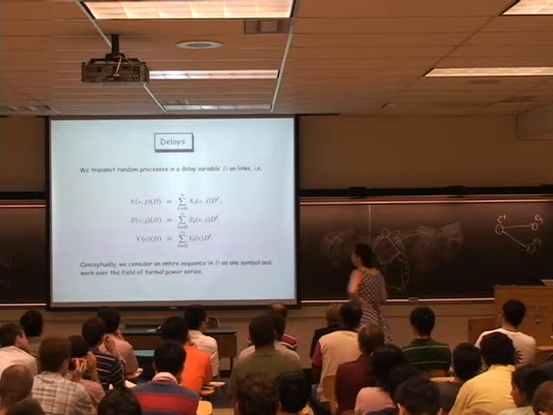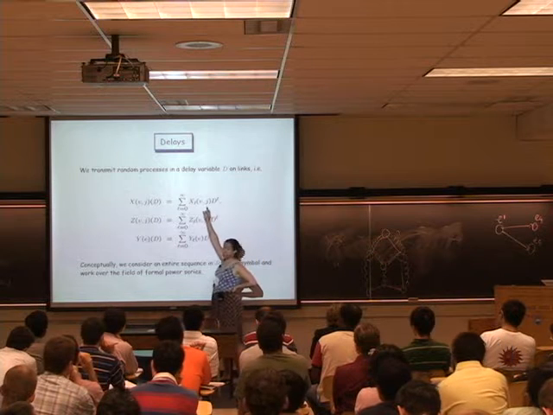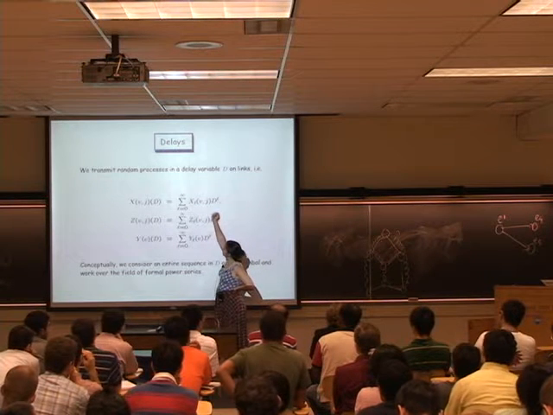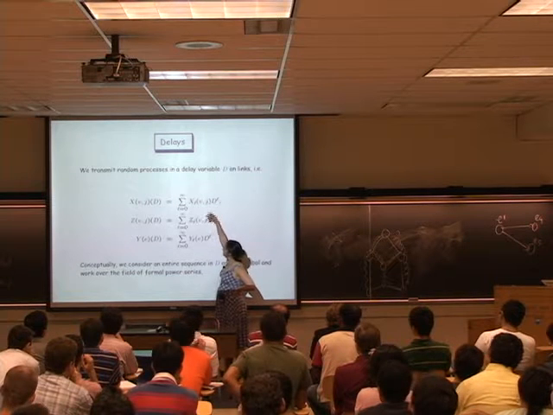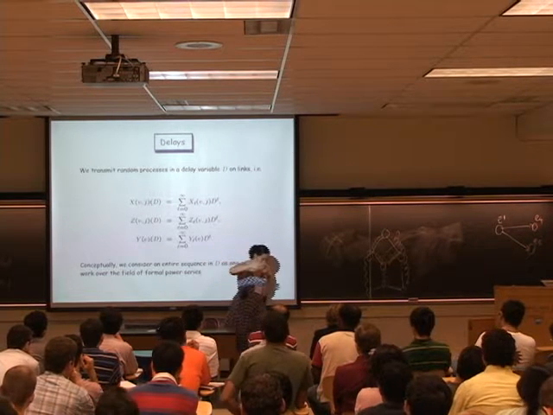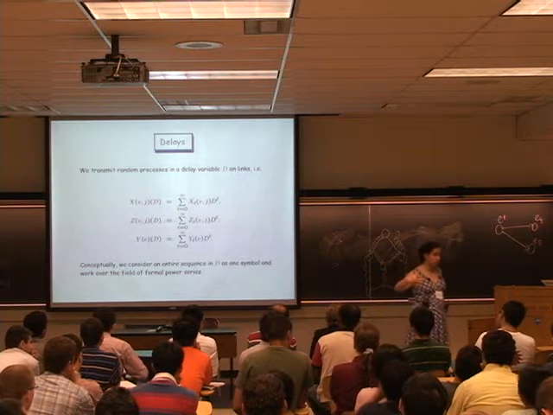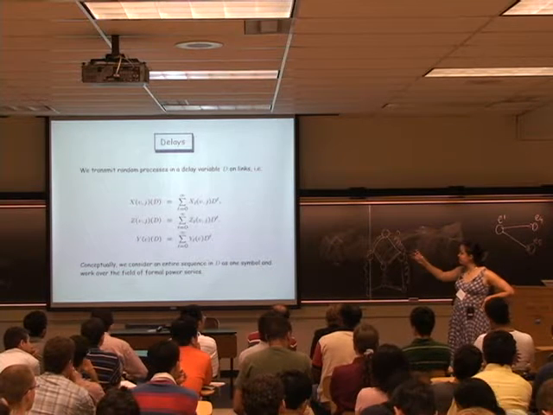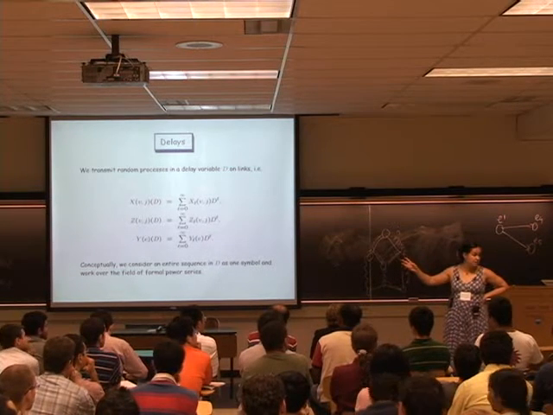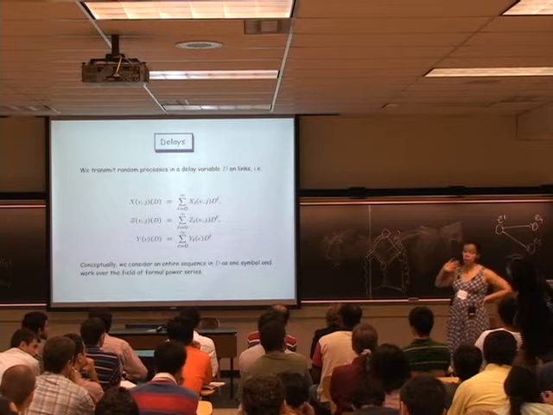We have to put a delay variable, and then we're going to have to put a second, basically a second aspect here, which is the accumulation of delay as we go through the network. So now what I'm going to do is, instead of just having a process, I have a process which is a polynomial in D.